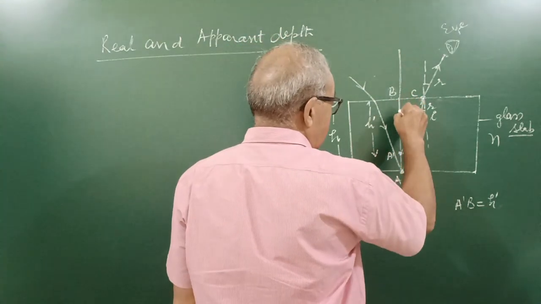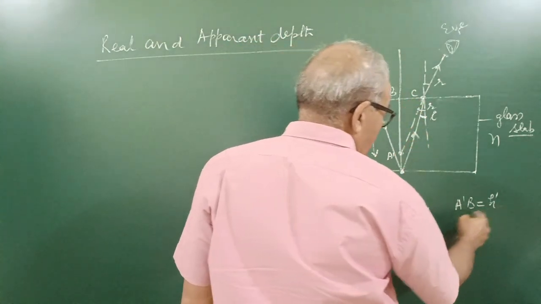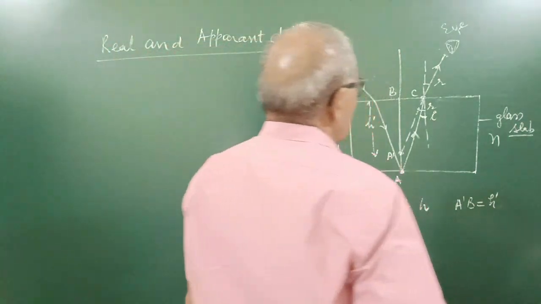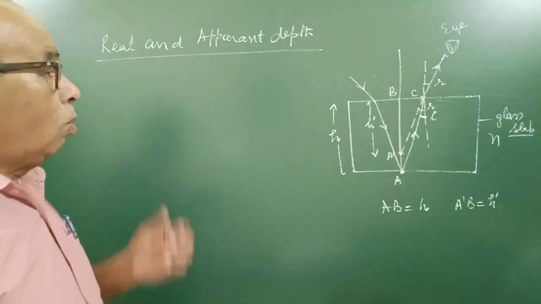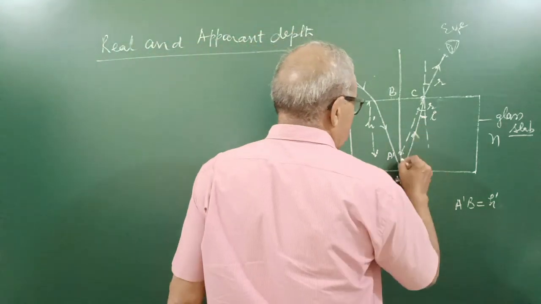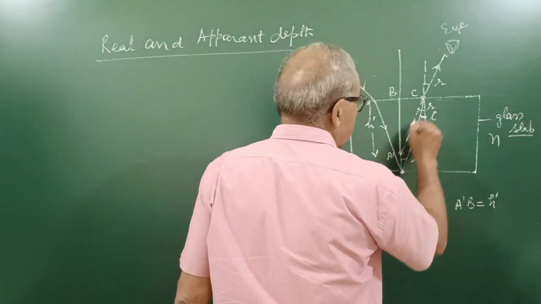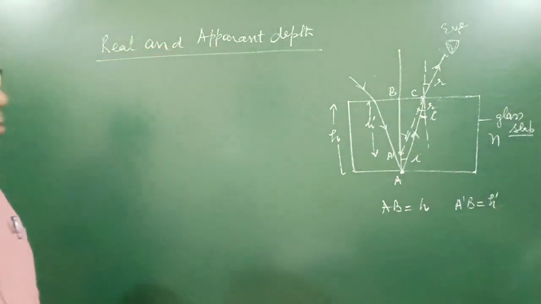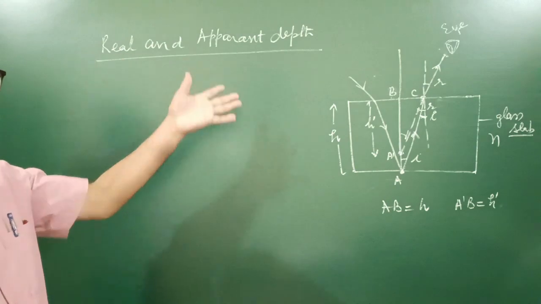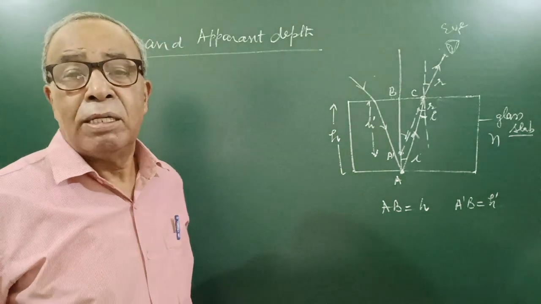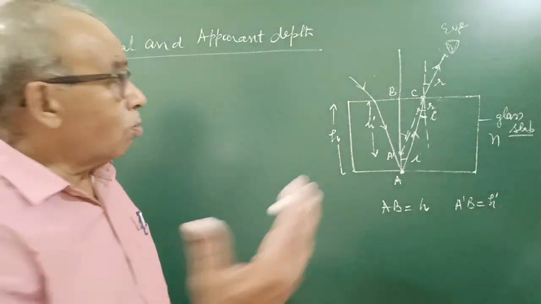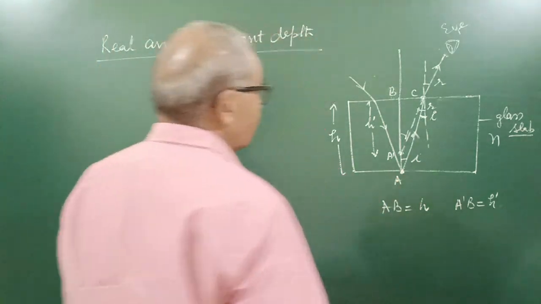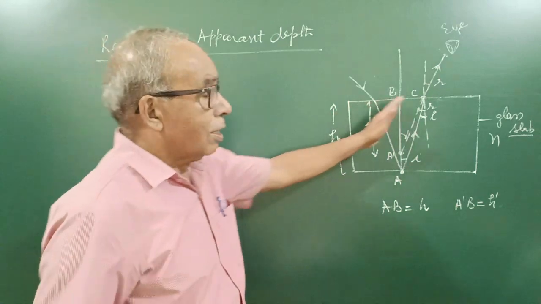So this BC, A dash B, will be the apparent depth, I write it H dash. Now this angle is I, so this is also I, and this R, so this is also R. This approximation is true for close to normal incidence. So now it is clear, it is a glass slab.